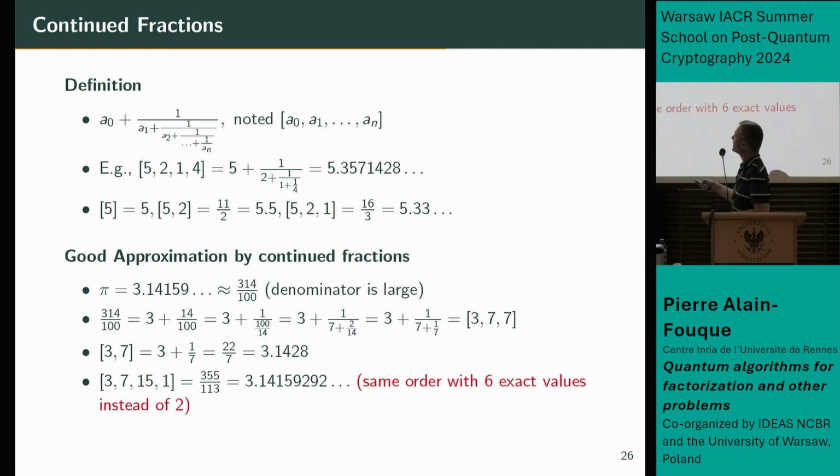So the idea now is that I have this value. I can split it into 3 plus 14 over 100. And so I invert this value. And so here I get something where the numerator is larger than the denominator. In fact, if I do the Euclidean division between 100 and 14, the quotient will be 7, and the remainder will be 2.